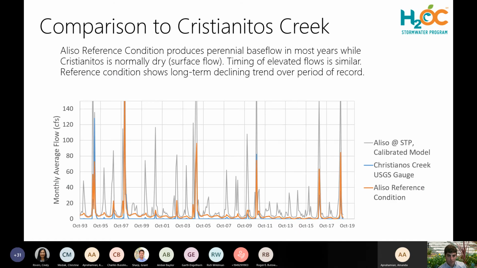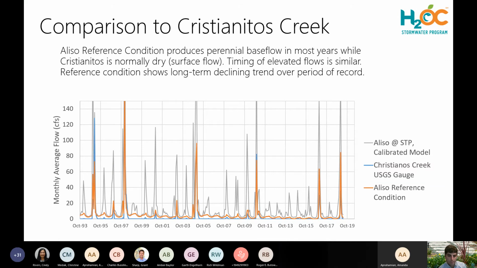So what is our comparison here? Our comparison suggests that they're not measuring flow in Cristianitos Creek during the summer. It's dry. It's being observed to be dry. It's not just a low flow measurement error. USGS is out there and identifying dry conditions in the watershed a lot of times during the summertime.